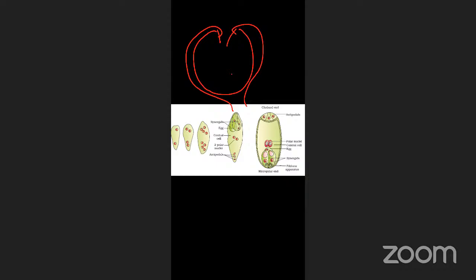What is present inside? In the initial stage, only two parts. One is the integument. And another one is the nucellus cells, the blue-colored nucellus cells. Only these two parts are in the ovule or megasporangium.